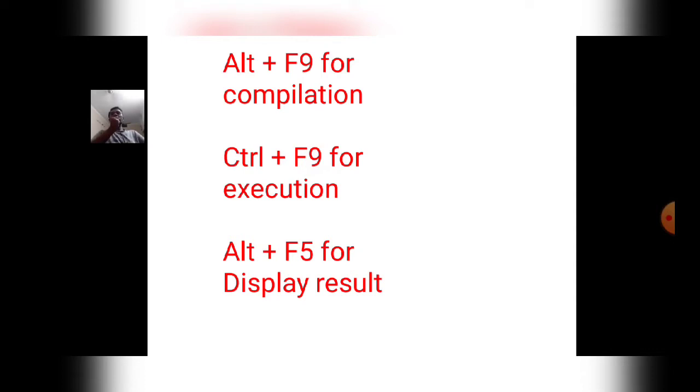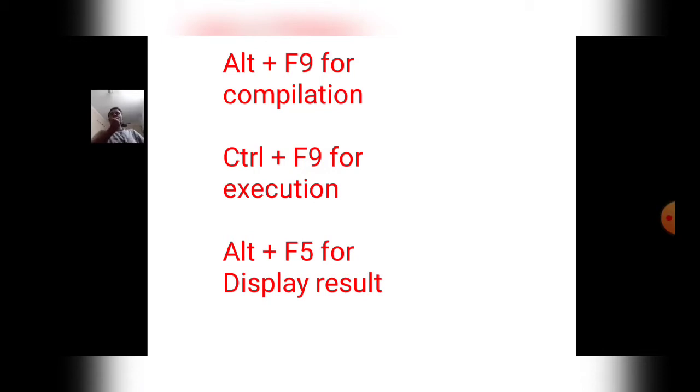Control F9 is used for execution of a C program. Alt F5 is used to display the result, to show the result on the output screen. Then, first command, Alt F9.